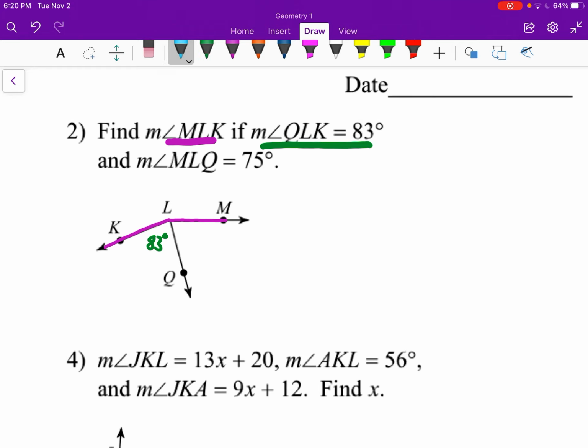And the measure of MLQ is 75 degrees. So once again, that large angle, the measure of angle MLK is going to equal the 83 degrees plus the 75 degrees, which is equal to 158 degrees.